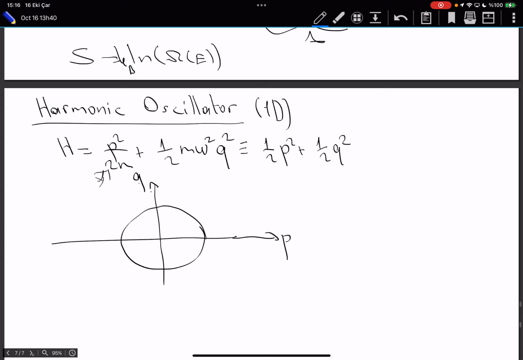In the microcanonical ensemble, I have a constraint: the total energy is E. So here, I'm saying that 1/2 p squared plus 1/2 q squared is equal to E. Although I said that rho is constant in the microcanonical ensemble, it is constant in the phase space available to my system. But it's not constant throughout the phase space. It is 0 here, it's 0 here, but it's constant on that line.